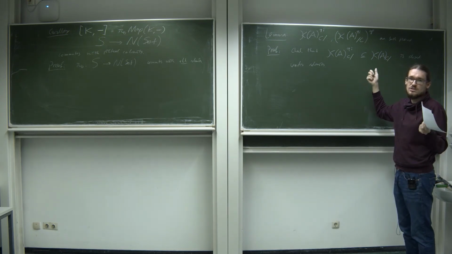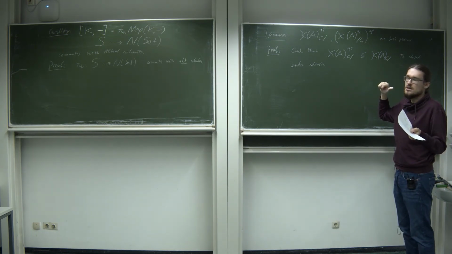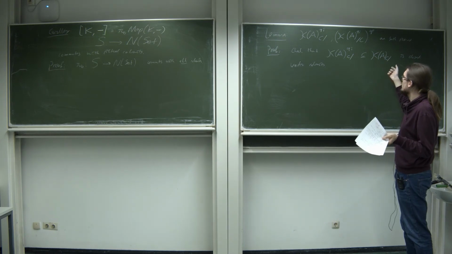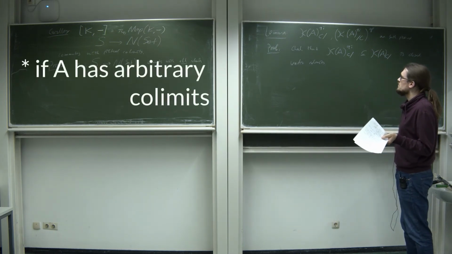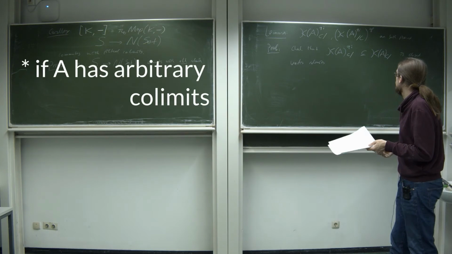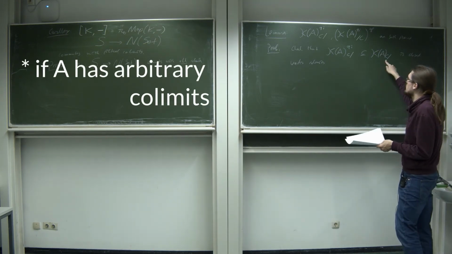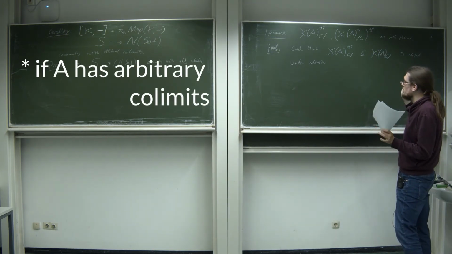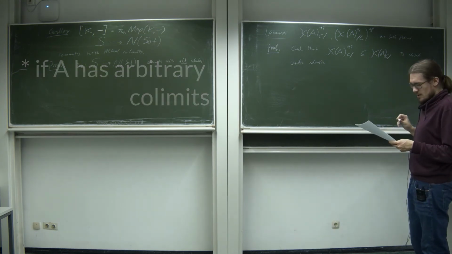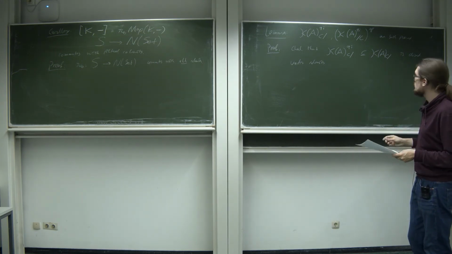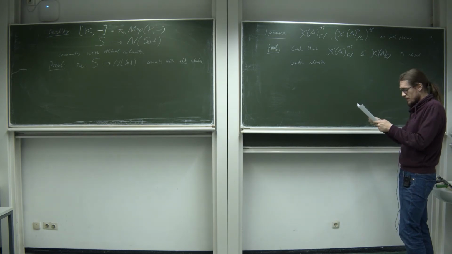So you have pushouts and an initial object that gives you finite colimits. You can even get arbitrary colimits. Arbitrary coproducts are something like pushouts over C. Well, let me not go into that. Let me rather say what I'm using about colimits in here.